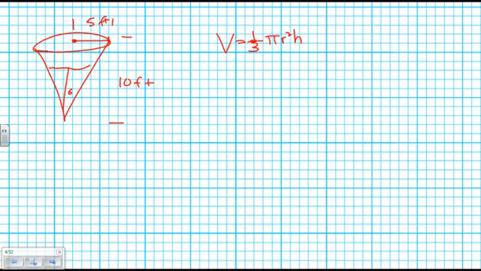I would like in math notation, though, the idea that maple syrup is entering at 9 cubic feet per minute. dV/dt, the rate at which volume is changing with respect to time. So, dV/dt is equal to 9 cubic feet per minute.